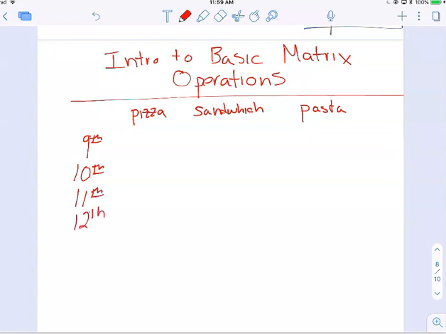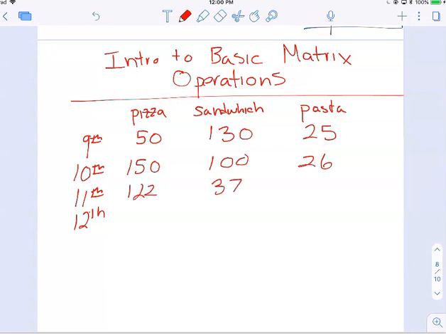And so maybe there's 50 that want sandwiches, 130 and 25, 10th graders. Maybe there's 150, 100, and I'm just making up these numbers, 26, 122, 37, 150. They really want pasta.